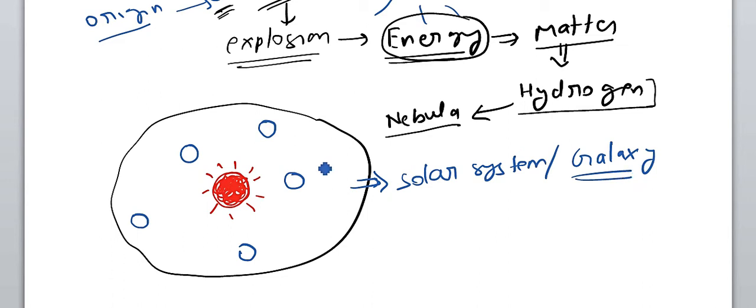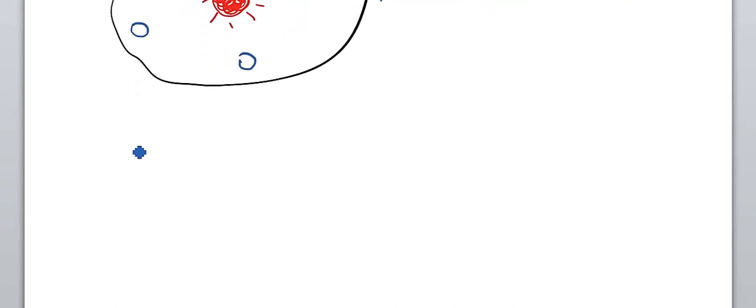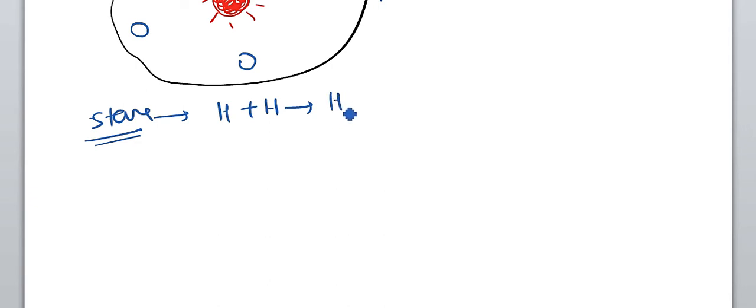Then the question arises: how were the other elements which are present on the earth and in the universe formed? When we look at the stars, within the stars, what happens? In the stars, hydrogen atoms fuse together to form helium atoms, right?